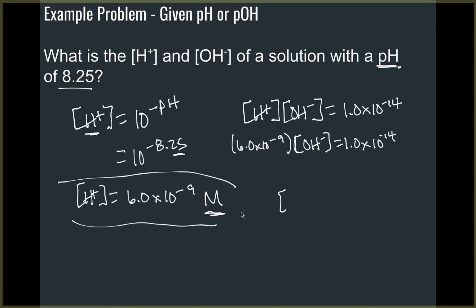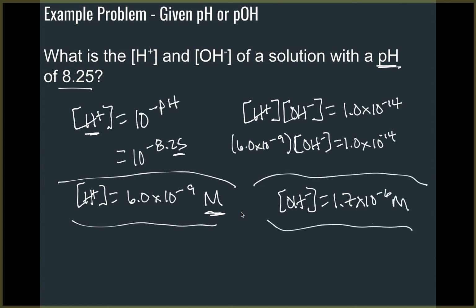So if I solve for OH minus, that is 1.7 times 10 to the negative 6 molar. So then that would be your answer for that. Again, concentrations, those brackets mean those are concentrations, so concentrations have to have molarities.